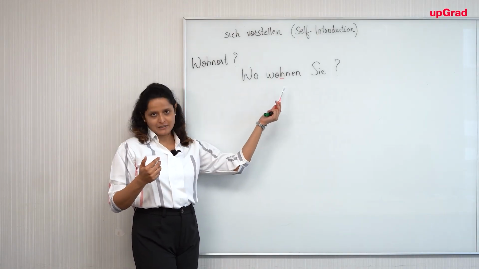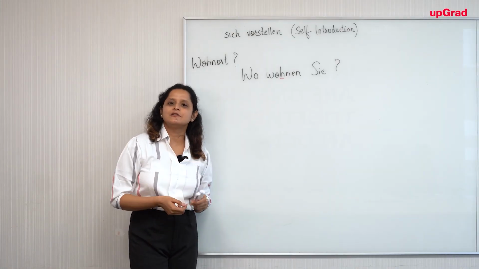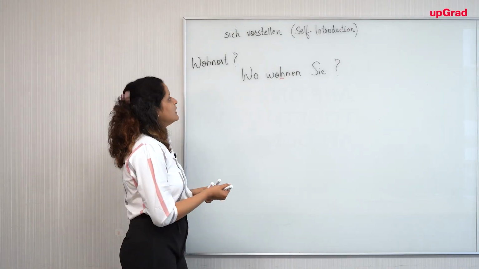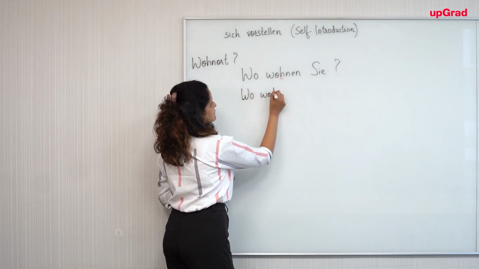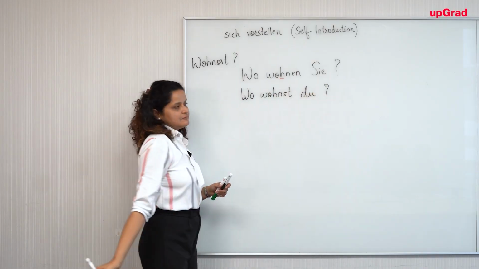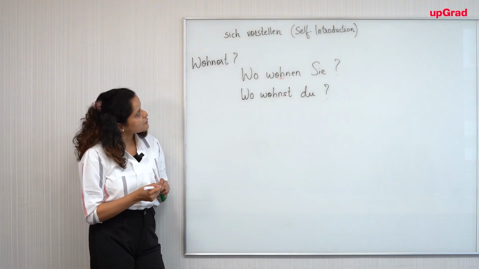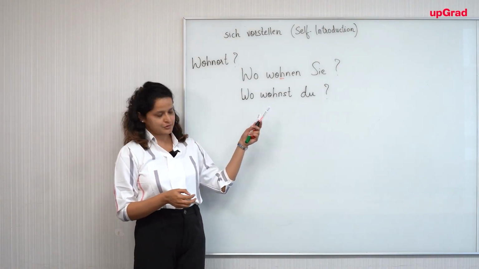So wo wohnen Sie? It's a regular verb, so it can be conjugated like the rest of the regular verbs that we have learned. The informal question therefore becomes wo wohnst du? So the question is wo wohnen Sie or wo wohnst du?